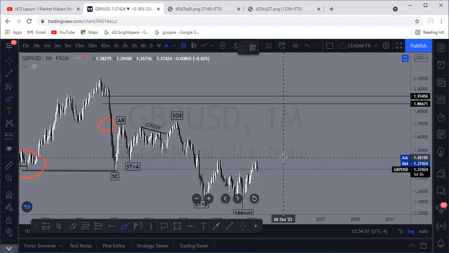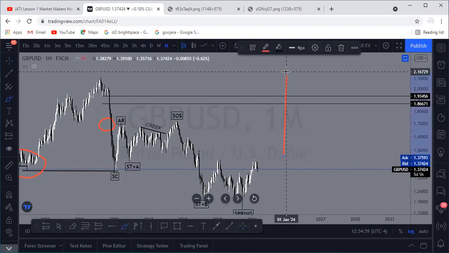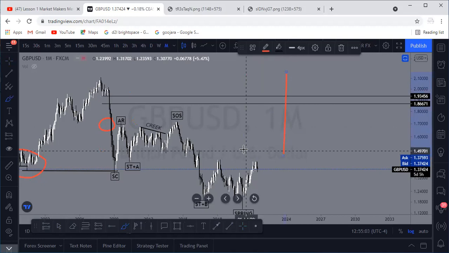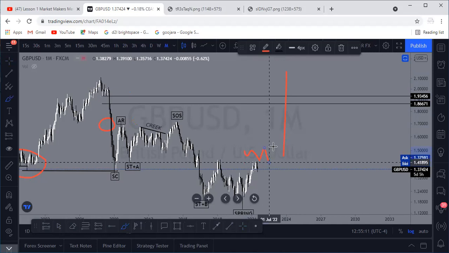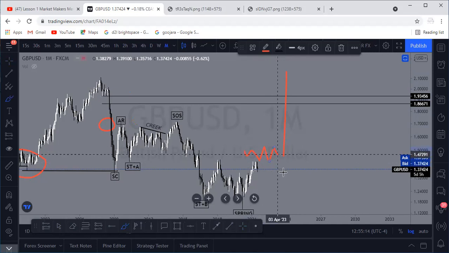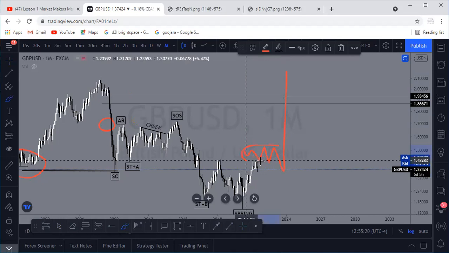For the market to move strongly like this, they have to do something like this. They have to move the price firstly like this, creating a double bottom somewhere here.